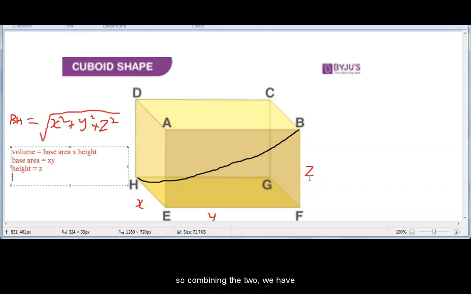So combining the two, we'll have volume is equals to XY times Z, which is the same thing as XYZ.